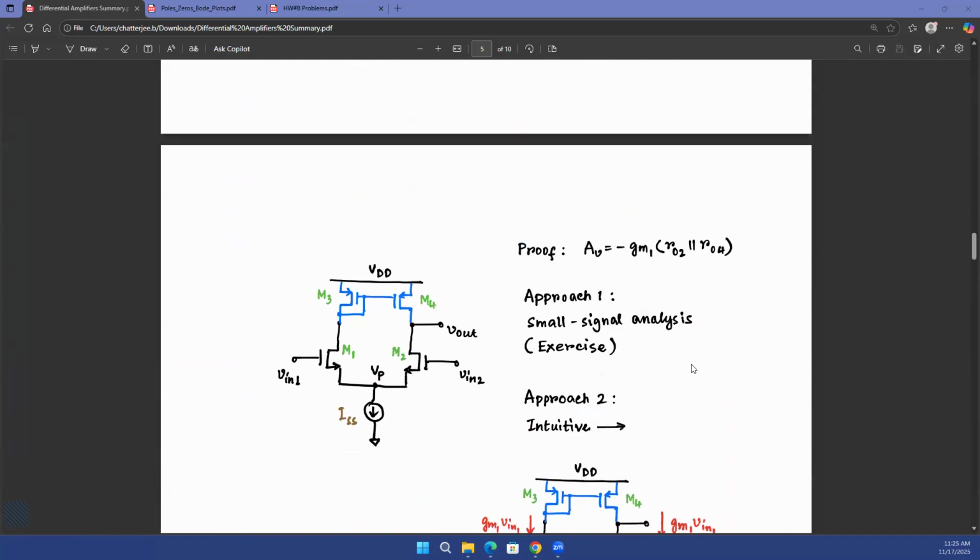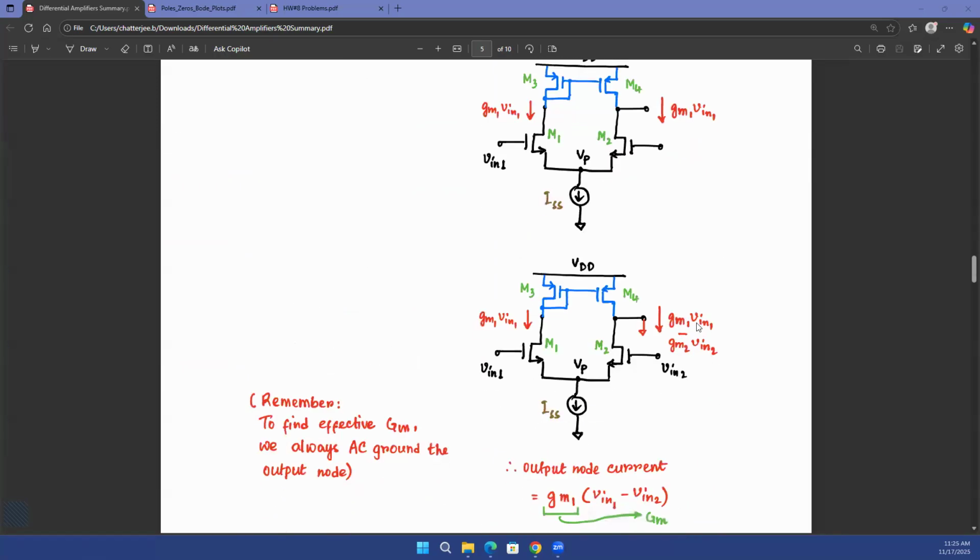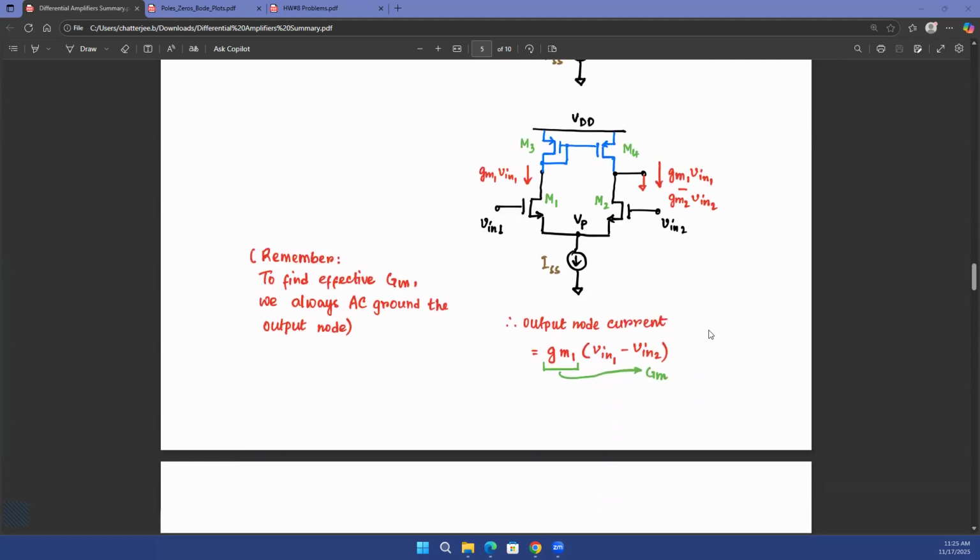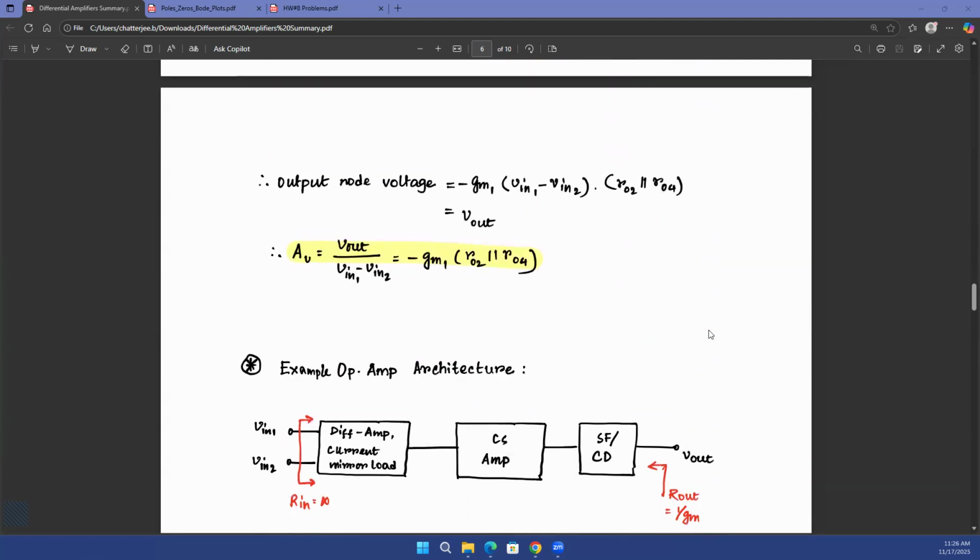Okay, so this proof we have already seen: this is basically the proof of the gain being equal to GM1 multiplied with RO2 in parallel with RO4. We have seen in the intuitive approach that at the output terminal, you already get the subtraction of the AC current inherently. All right.